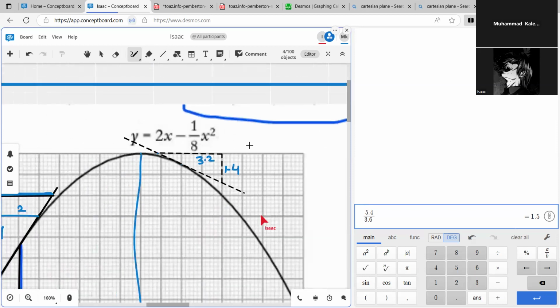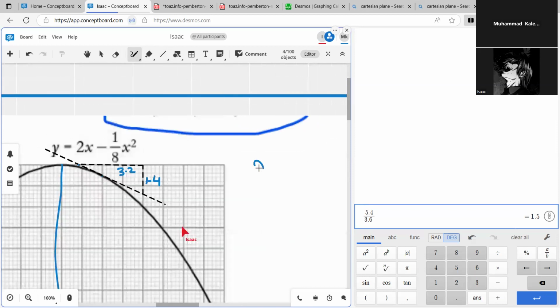Isaac, are you getting it? So I have to divide 3.2 by 1.4, right? Isn't it the other way around? Yes, good. We have to divide 1.4 by 3.2. Always remember, divide the vertical distance by the horizontal, okay?